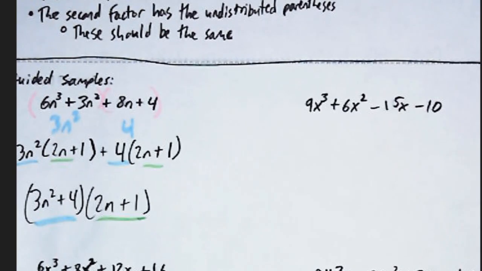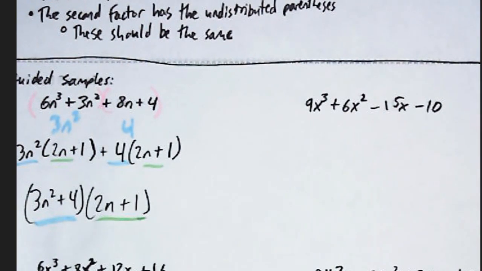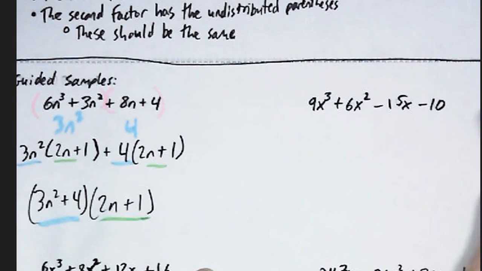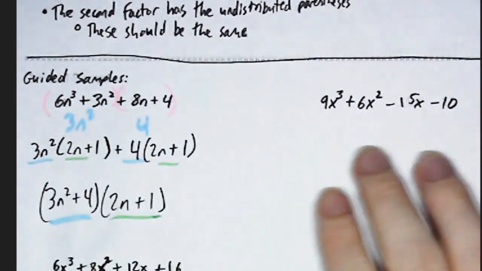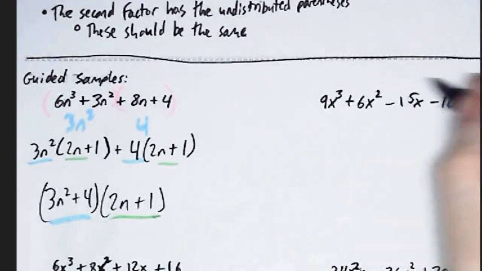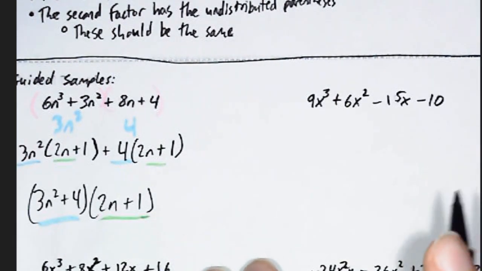Okay, for this next one, also, real quick, make sure before you start factoring in any way, shape, or form, this is the same for any kind of factoring that we do, that there is no greatest common factor among all of the terms of the polynomial. Otherwise, you have to deal with that first before you do any other method.